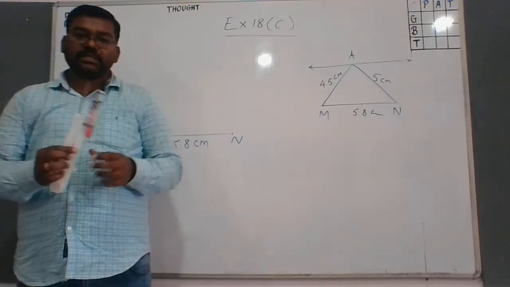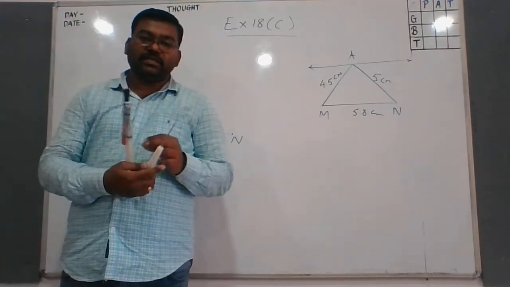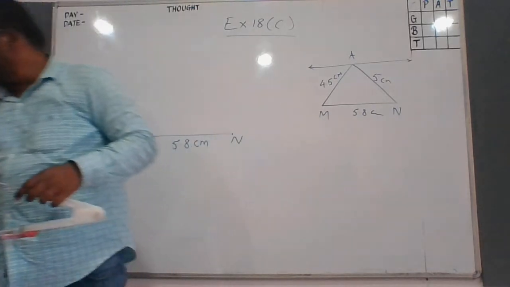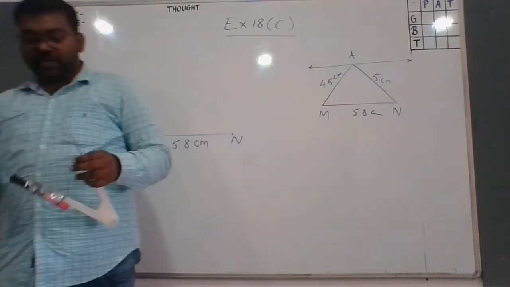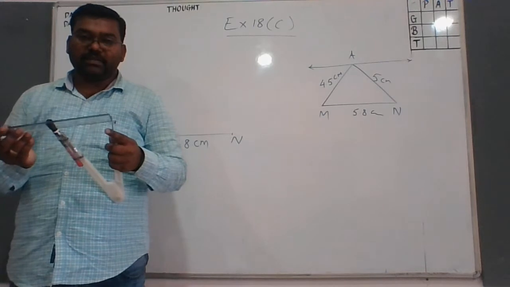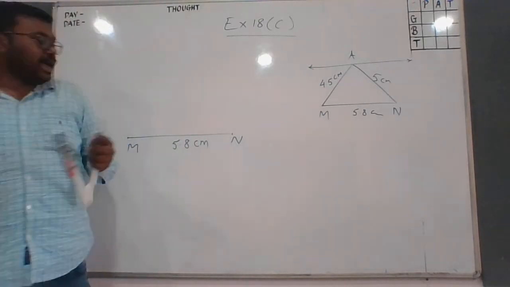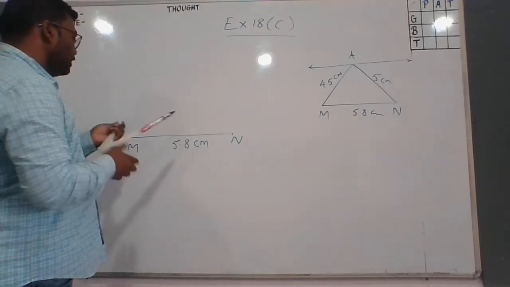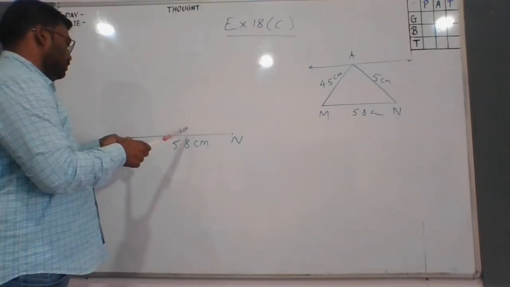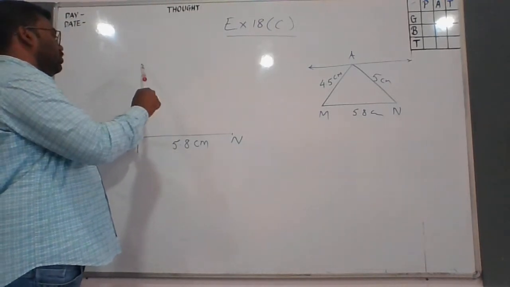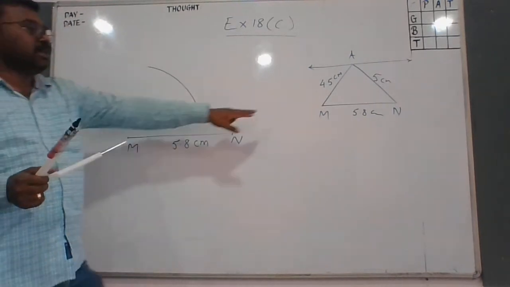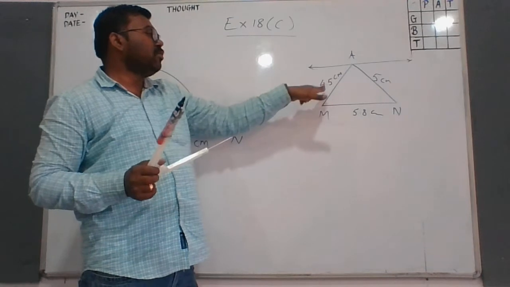In the compass, we will take the radius. This radius we will take as 4.5 centimeter with the help of our scale. Measure the 4.5 centimeter radius, and by taking 4.5 centimeter radius, draw an arc from the point M. From the point M, A is 4.5.